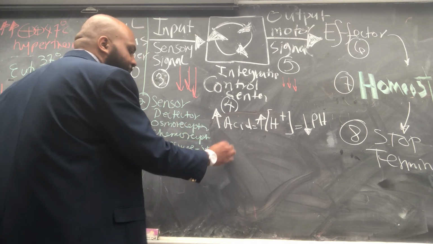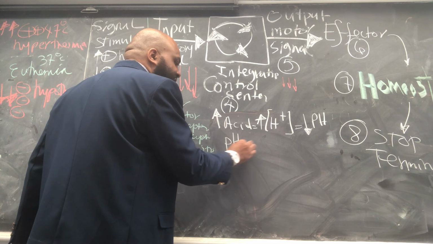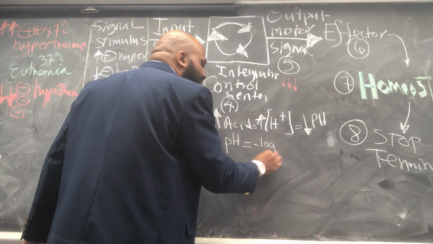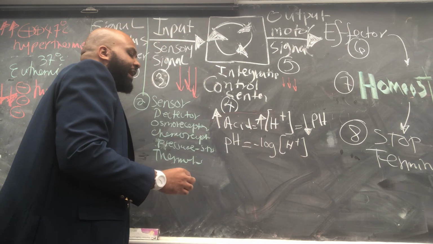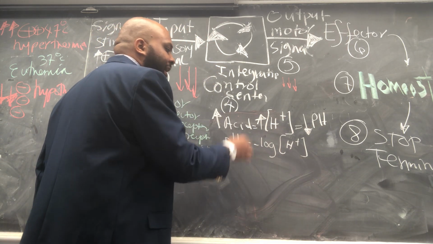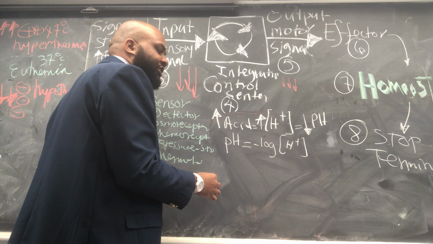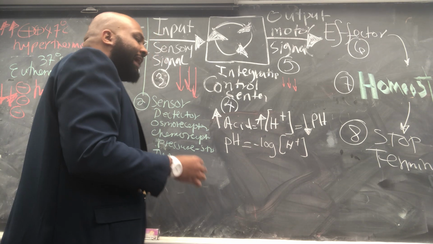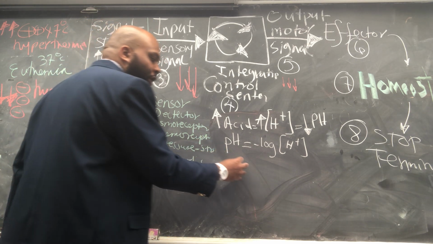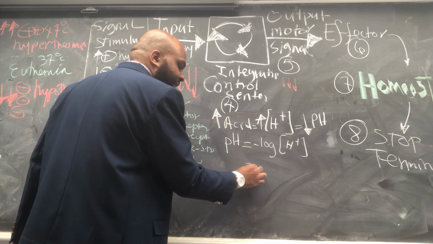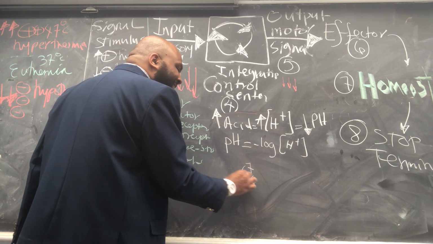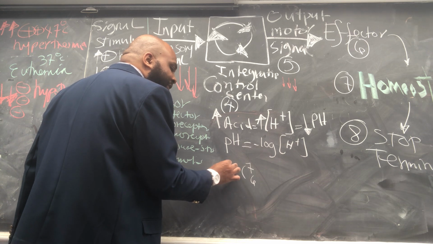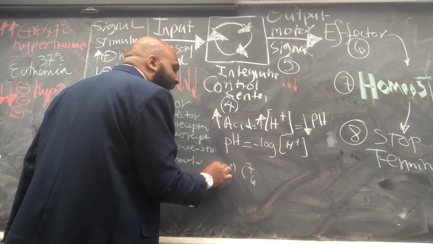So in fact, the pH equals negative log of the hydrogen proton concentration. So what does that mean? That means if you go from pH 7 down to pH 6, you increased hydrogen proton by 10 times.